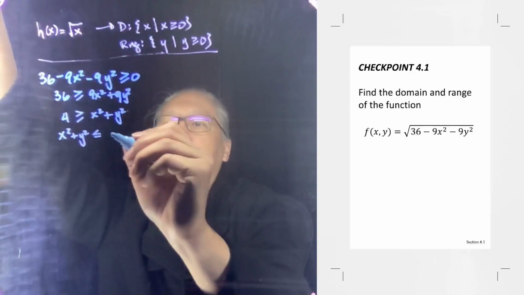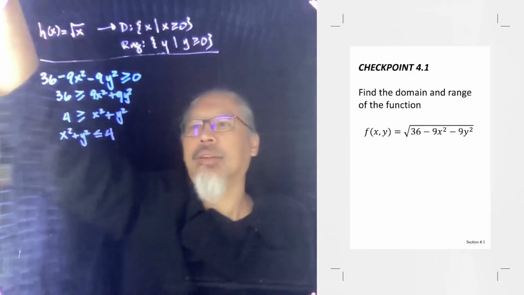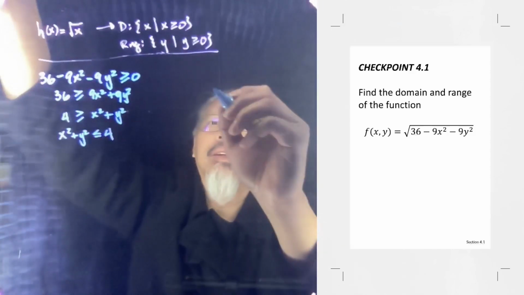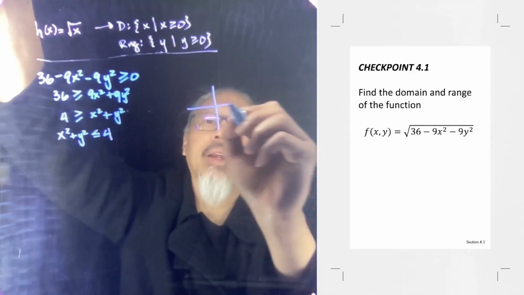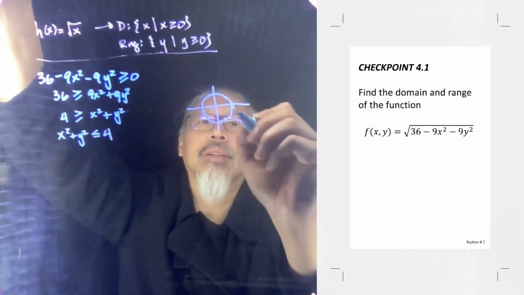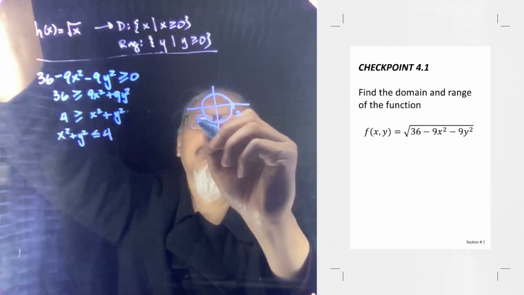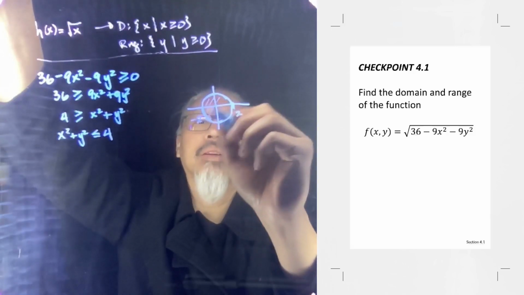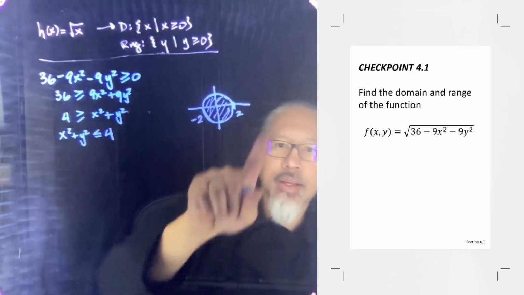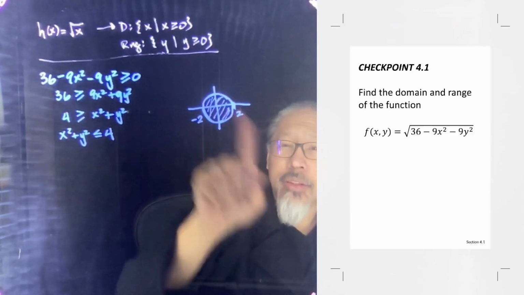and switch the sign. So now we have a circle of radius 2, and if we draw that out and shade that in, our domain is going to be everything in this circle, also including the circle itself.